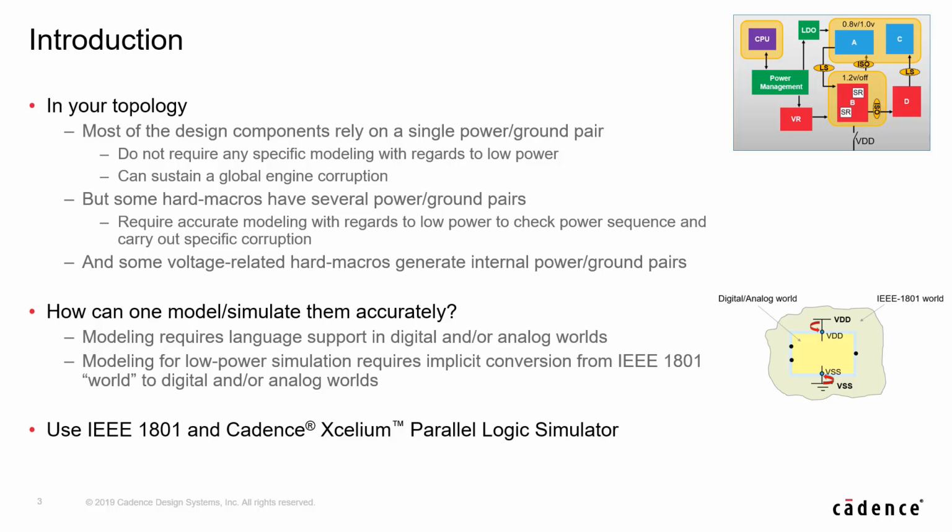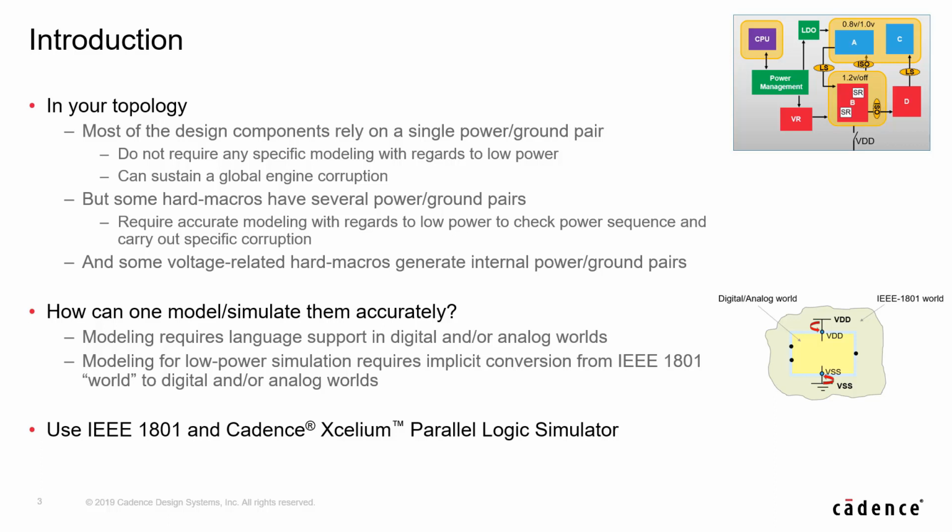Their code is synthesizable, so they are usually very low-level constructs, and they can sustain a global corruption. However, for some specific blocks, often hard macros, you are relying on behavioral models that may or may not have specific requirements with regards to low power. If you take a memory, for example, you may have several power and ground pairs that you want to take into account.